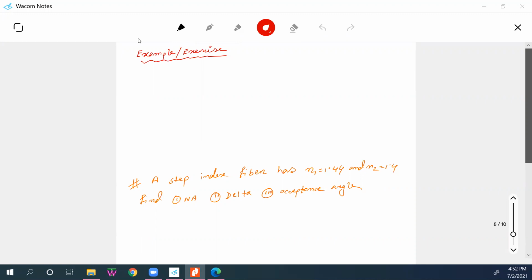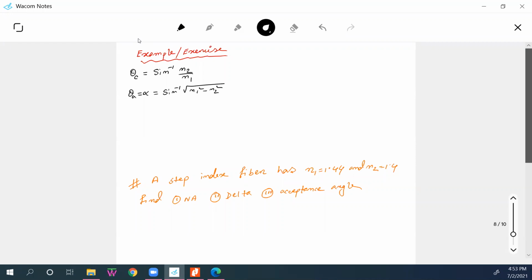Okay, we have theta, the critical angle. Remember, the critical angle was sine inverse n2 by n1. We have the acceptance angle theta a or alpha, which is sine inverse of the square root of n1 squared minus n2 squared. Actually, these are the formulas we got so far.